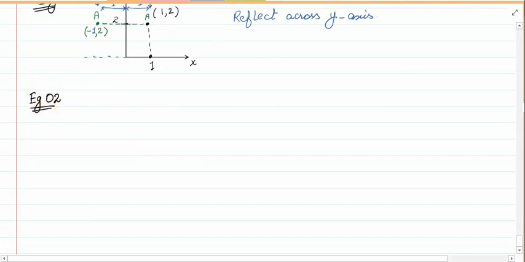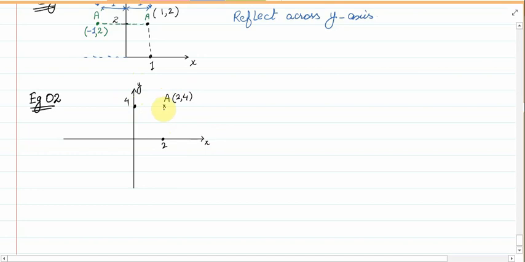Now suppose that on the graph I have a point and its coordinate is 2 and here its coordinate is 4. So that is my object. The point is A. The coordinates are 2, 4. That is my x-axis and that is my y-axis.